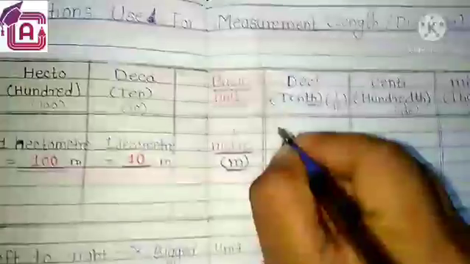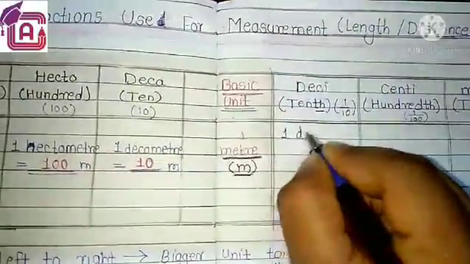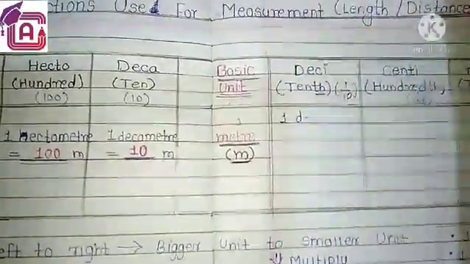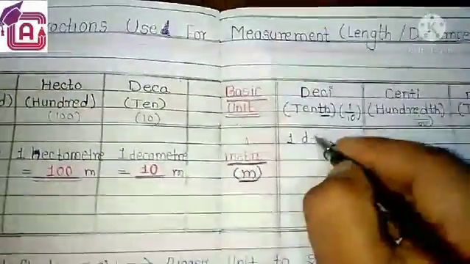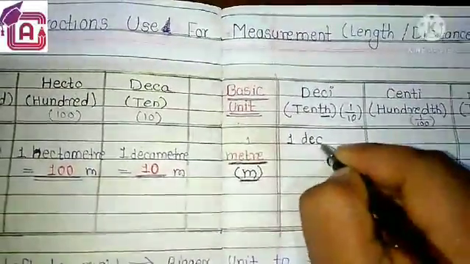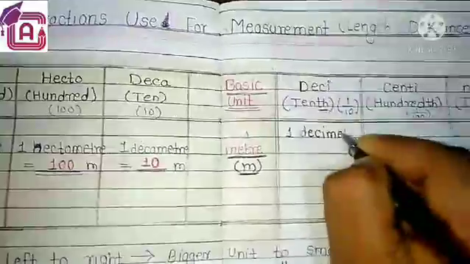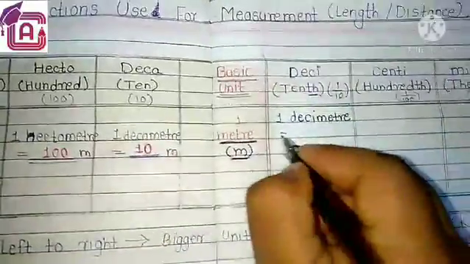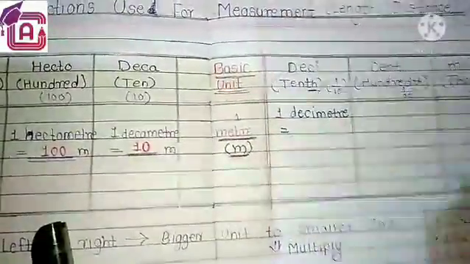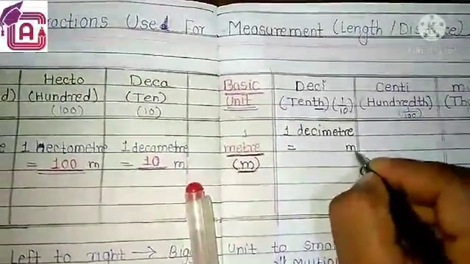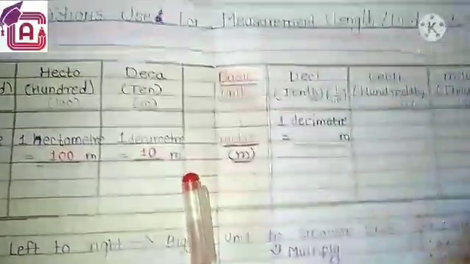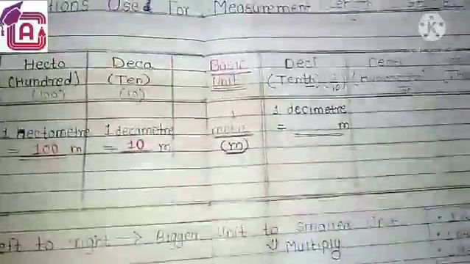So now we are calculating 1 decimeter is equal to how many meter? That we have to calculate. 1 decimeter is equal to how many meter?